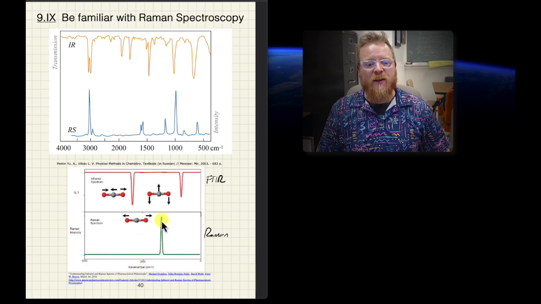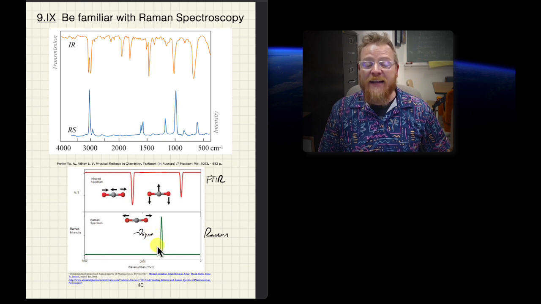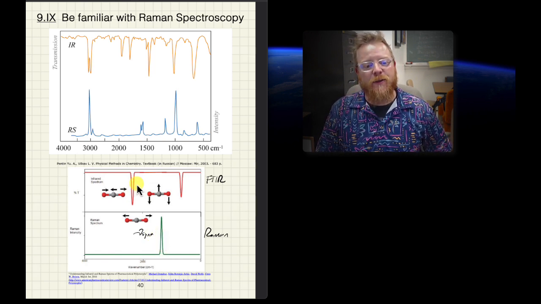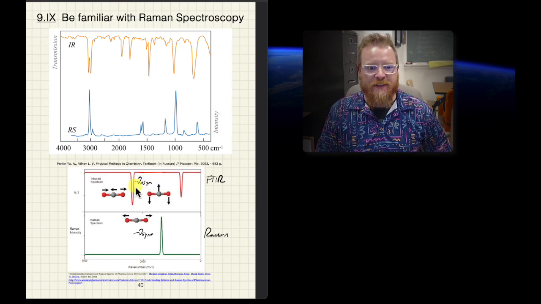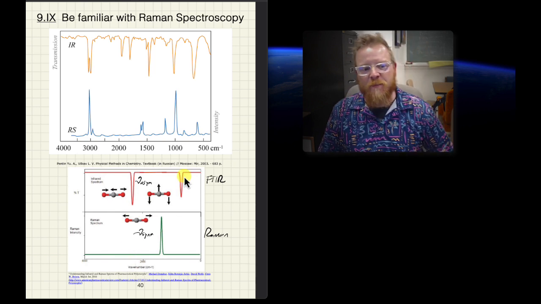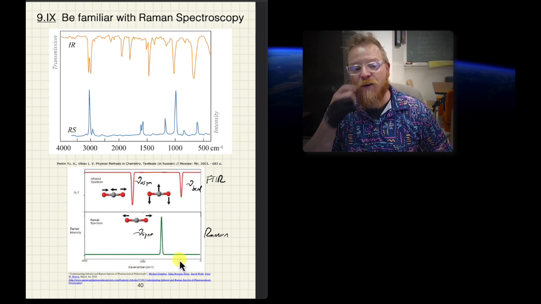So that peak that was occurring at 1388, the symmetric stretch, is IR inactive, but Raman active. And similarly, the asymmetric stretch, that is IR active, is not Raman active. And the bending mode that is IR active is not Raman active.